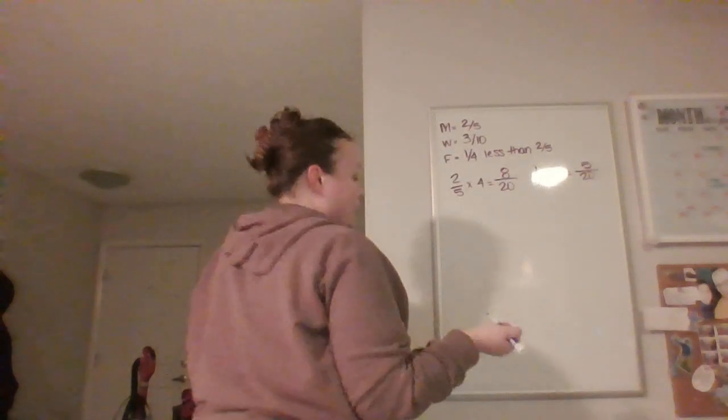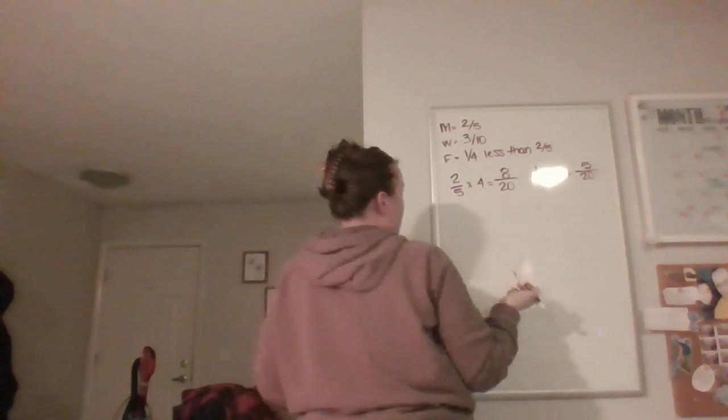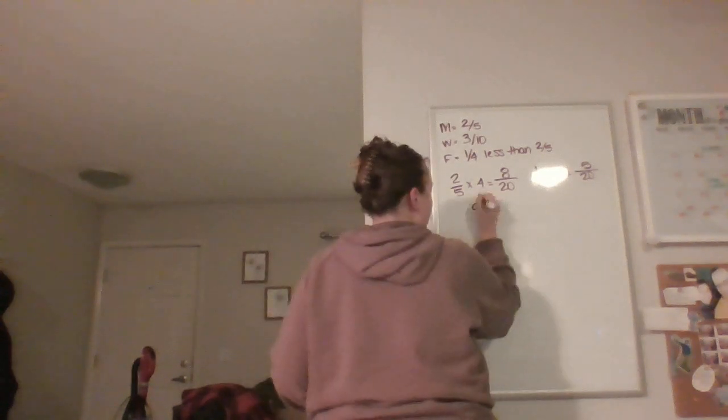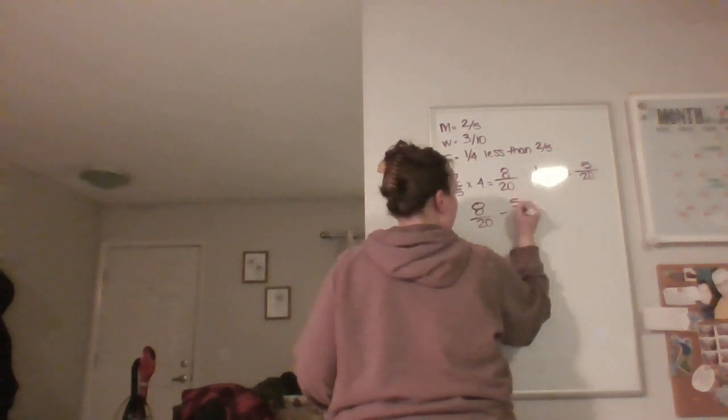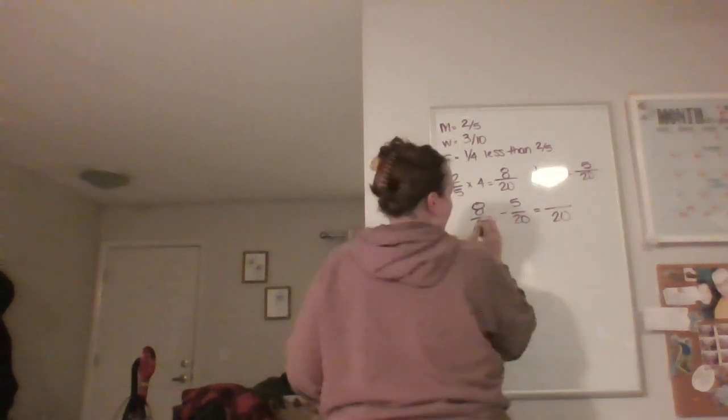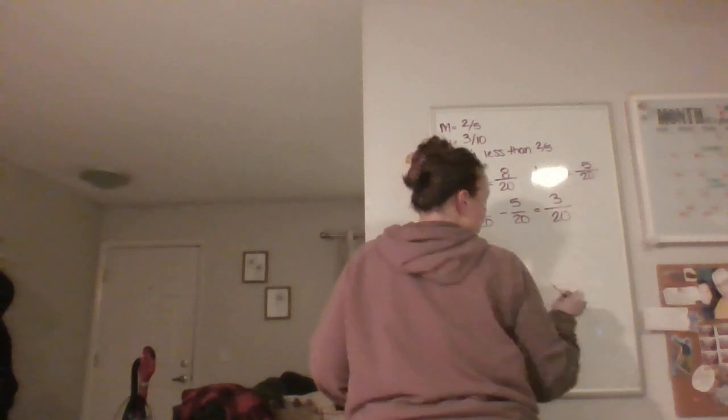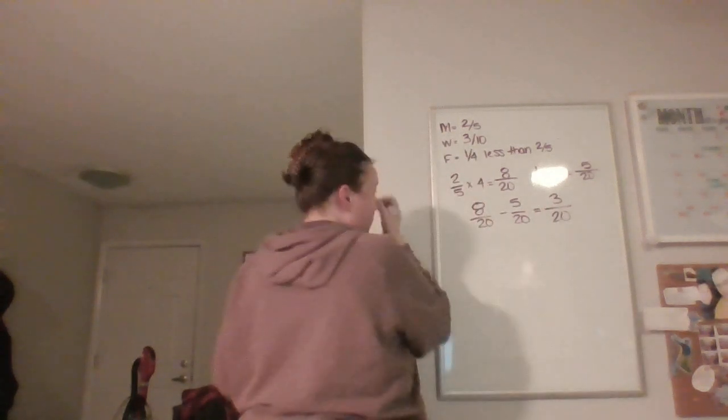So if we subtract 5/20 from 8/20, that would give us the total for Friday. 8/20 minus 5/20 equals, the lowest common denominator is going to stay the same, so 20, and then 8 minus 5 is 3, so we have 3/20 for Friday's total.